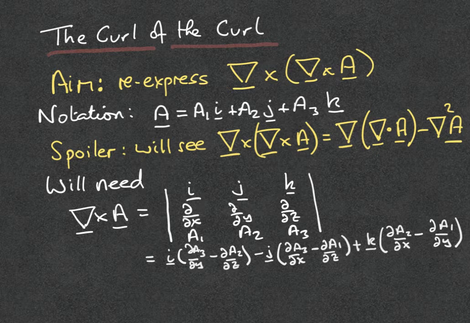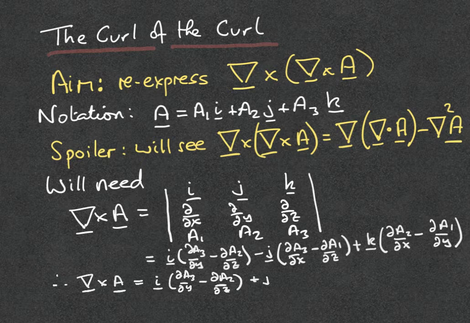And this result here is basically fine, but we have this extra minus sign here, so let's just rewrite it and get rid of that minus sign. So I'm going to multiply here by a minus sign and here by a minus sign. And if I do that, what we're going to get is that the curl of A is equal to I dA3 dy, not changing anything here, just rewriting it out again, minus dA2 dz, and now it's plus j, and now I write the other term first to stop leading with a minus sign.